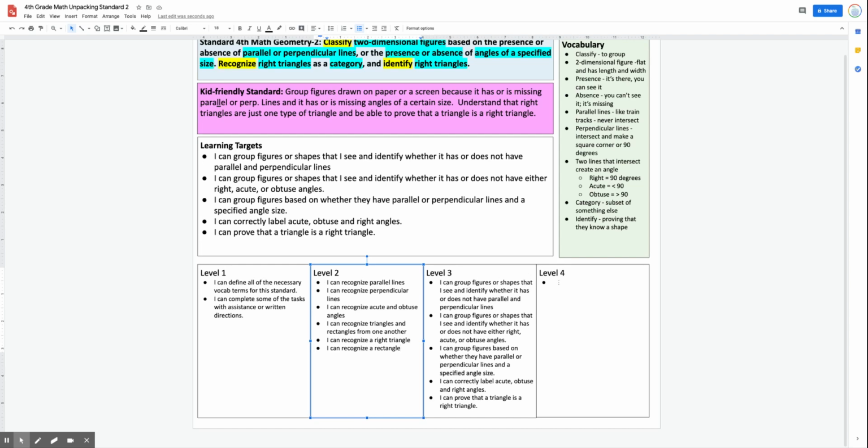Your level 4 is going to be using this information in some unique way.